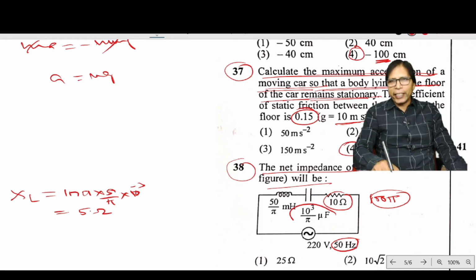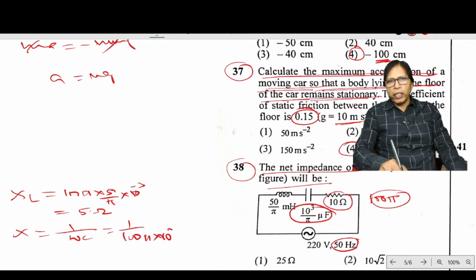Now in the second case, Xc equals 1 by omega C. Omega is 100 pi, and C is 10 to the power 3 by pi microfarad, so this is 10 to the power minus 6 farad. So this is 10 ohm.